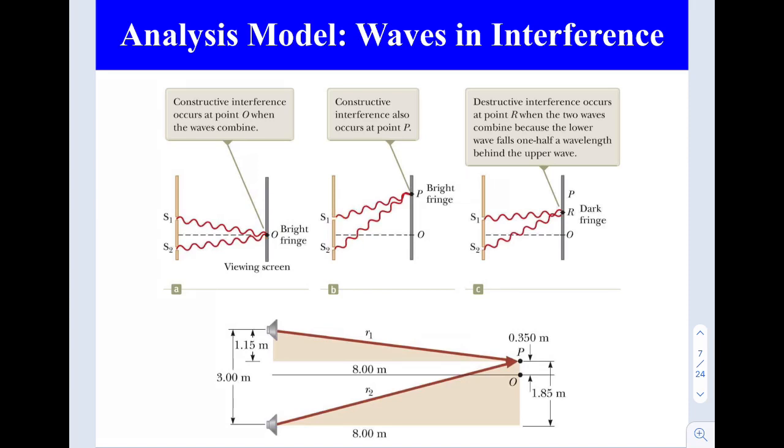Whenever the path difference between these two waves is one wavelength, you are going to have a bright fringe again at point P. However, if the path difference between the two waves is on the order of half a wavelength, you are going to observe a dark fringe, meaning destructive interference happens. This is in terms of light waves.